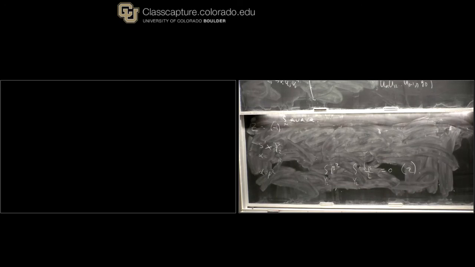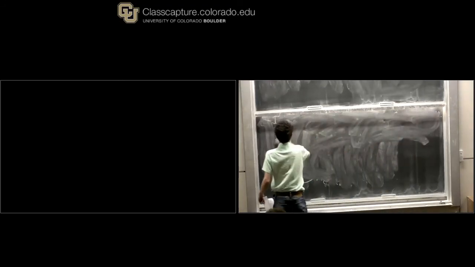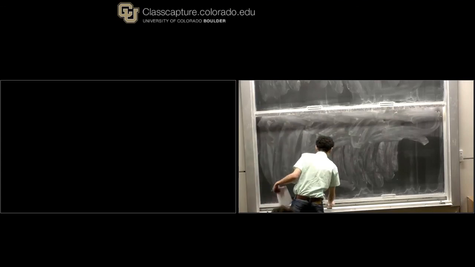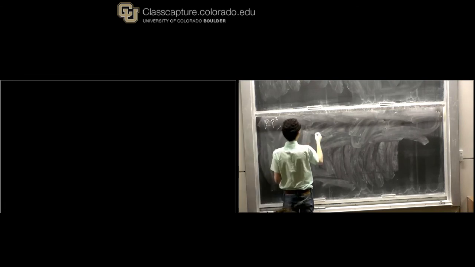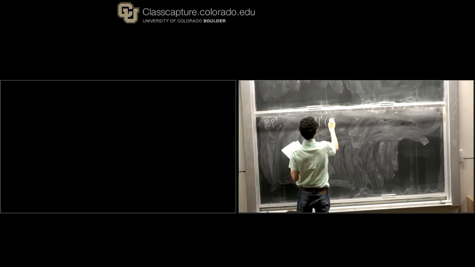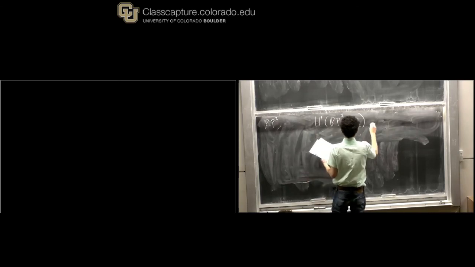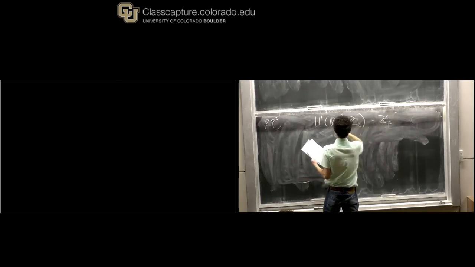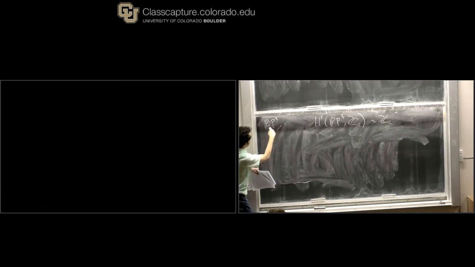RP3, first of all, is orientable. H1 is generated by Z2, which gives non-trivial holonomy on the non-trivial cycle.